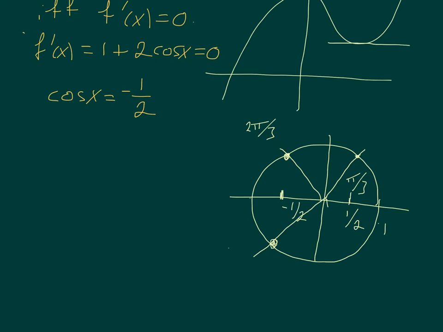So this is the angle 4 pi by 3. Okay, so cosine of x then is equal to minus 1/2 when x is equal to 2 pi by 3 or 4 pi by 3. So let's write that down. x is equal to 2 pi by 3, or x could equal 4 pi by 3.